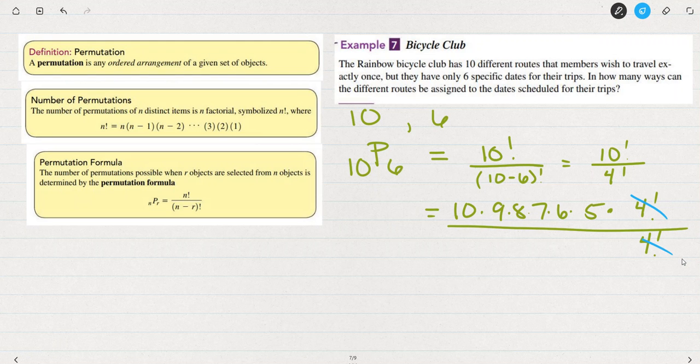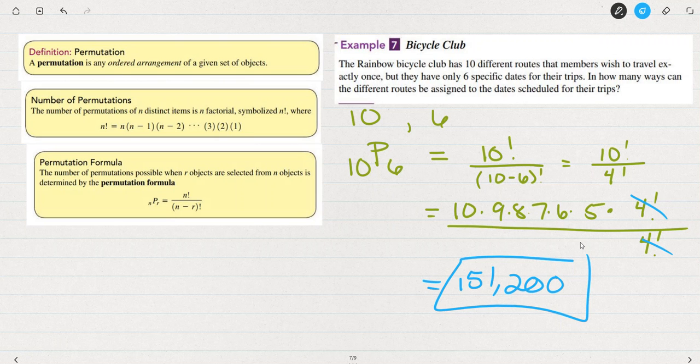So it's just 10 times 9 times 8 times 7 times 6 times 5. Go ahead and try that on your calculator. I think when you do that, the answer that you will get is 151,200. And that's how you could work this example.